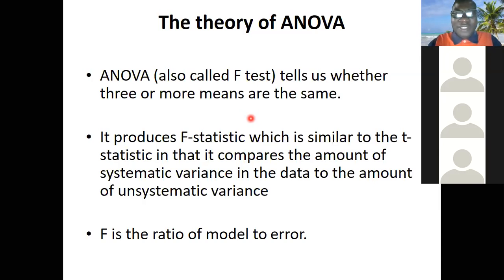By systematic variance I mean comparing the variance based on your study, the variability you have among the different groups. That is divided by the standard error, which is the inherent variability, the inherent variance in the population. I think I explained that when we were discussing t-tests.